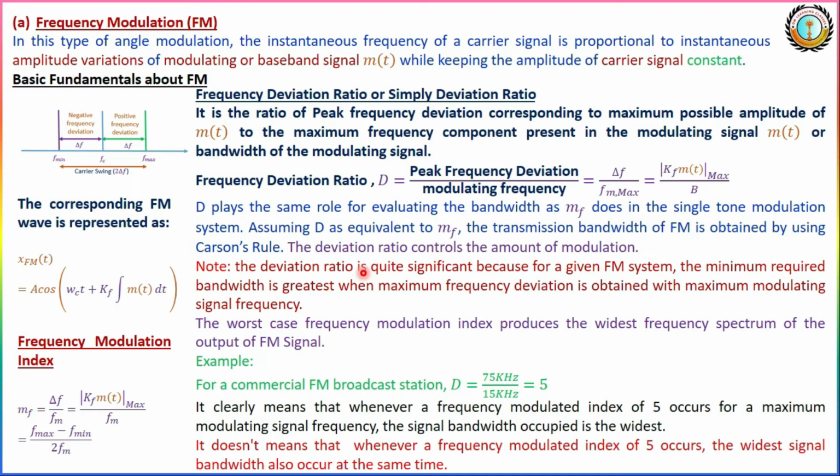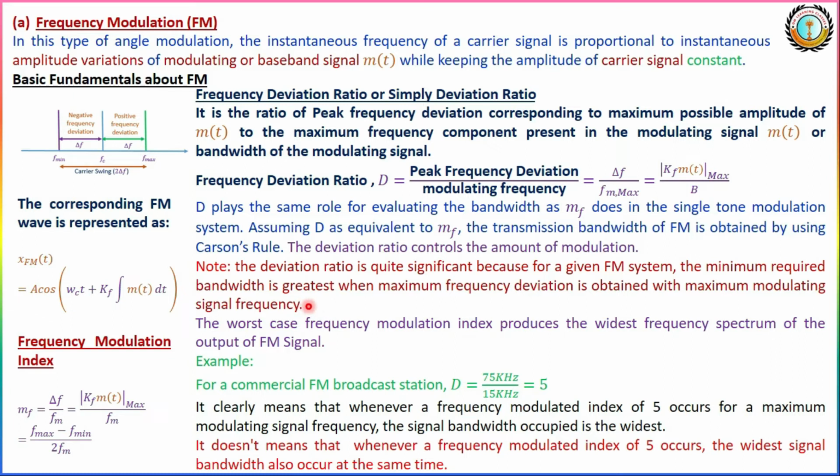We have an important note related to the deviation ratio. The deviation ratio is quite significant because for an FM system, the minimum required bandwidth is greatest when maximum frequency deviation is obtained with maximum modulating signal frequency.